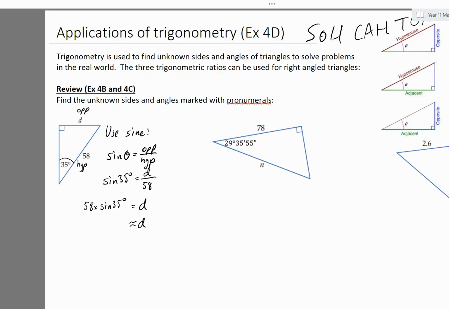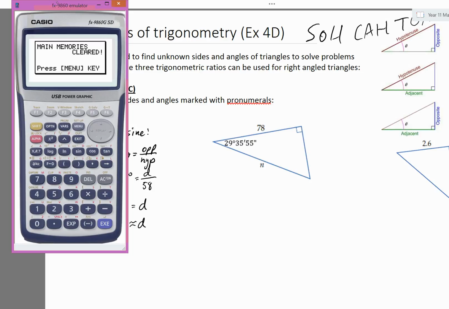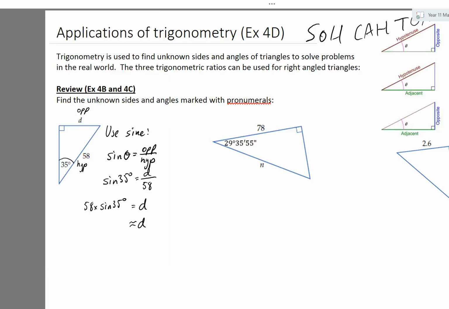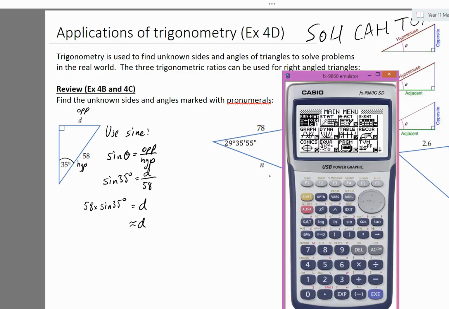Okay, and then I can get an approximation on my calculator. Just remember with your calculator, when you go into run mode, go shift menu and arrow down and make sure the angle's in degrees.